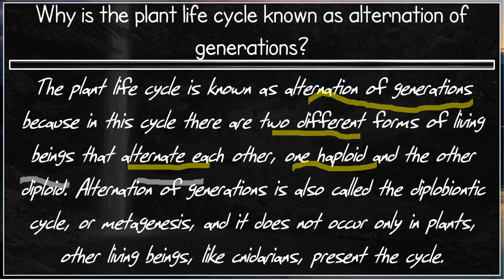One haploid and the other diploid. Alternation of generation is also called diplobiontic cycle or metagenesis, and it does not occur only in plants. Other living beings like cnidarians present the cycle.